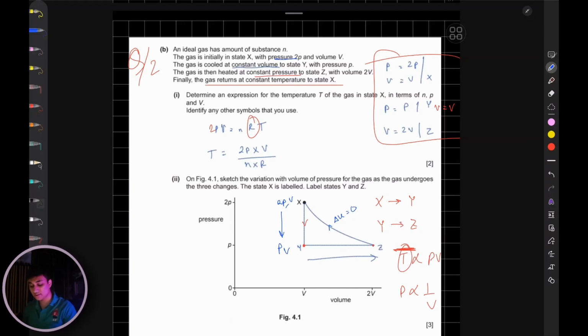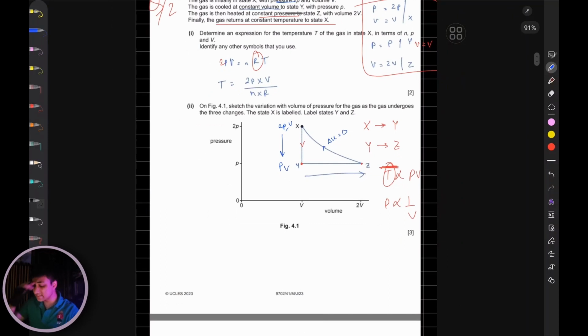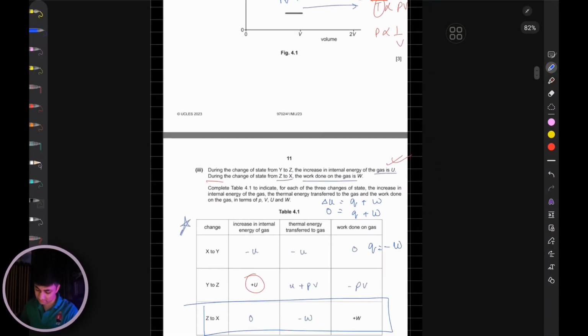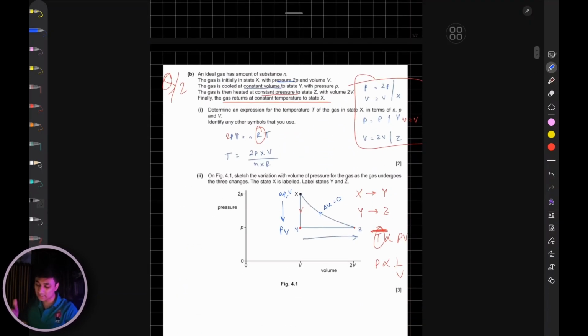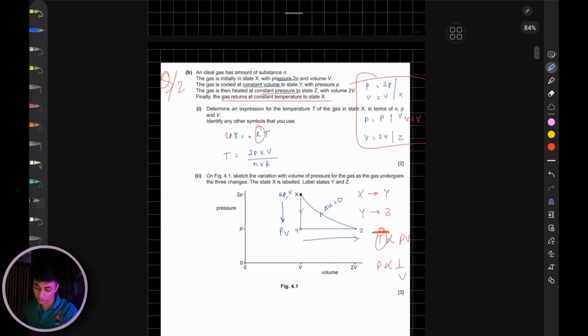Your pressure has decreased at constant volume. Great. So if your pressure has decreased, there is some amount of change in internal energy in this case, but you cannot exactly find out what the amount of change in internal energy is.